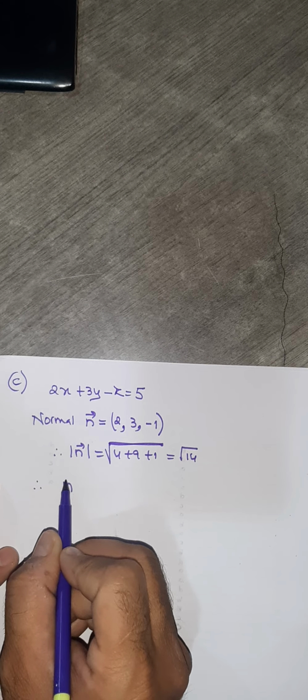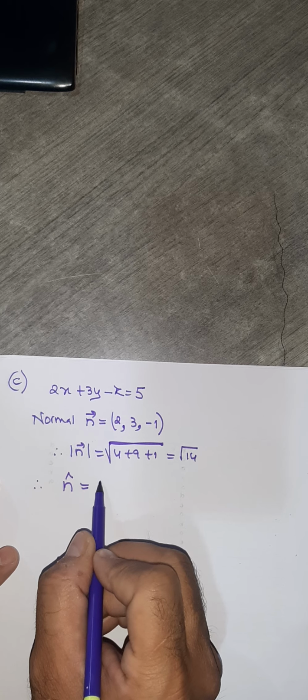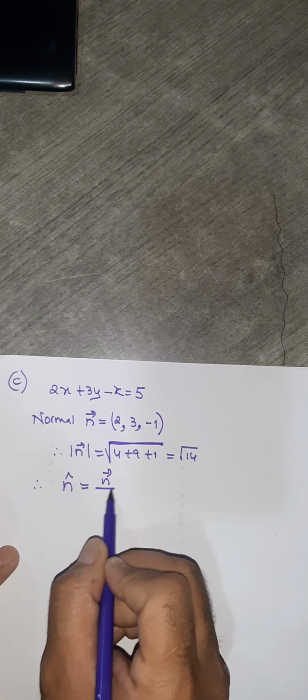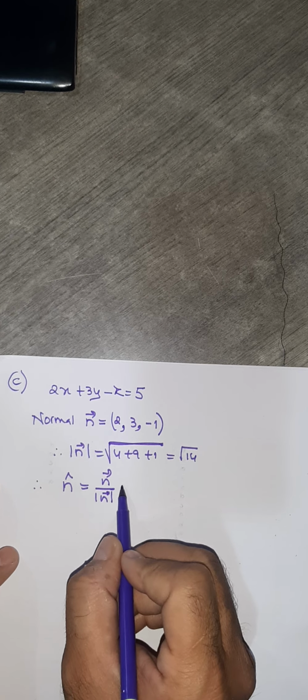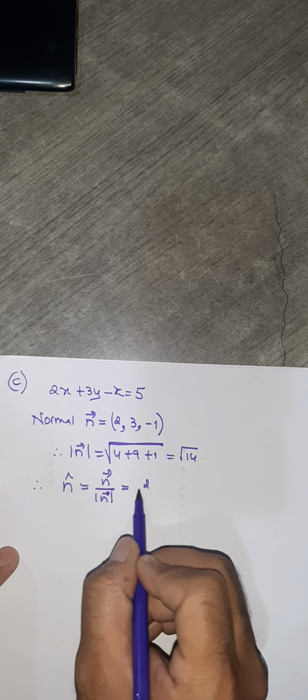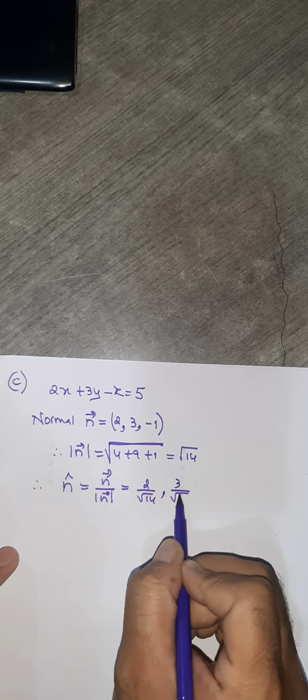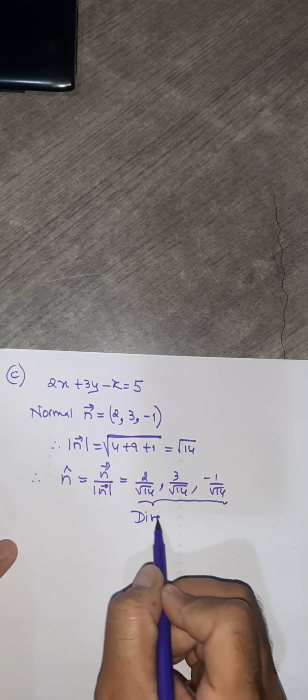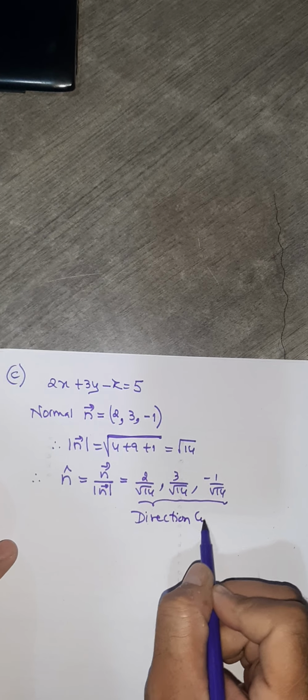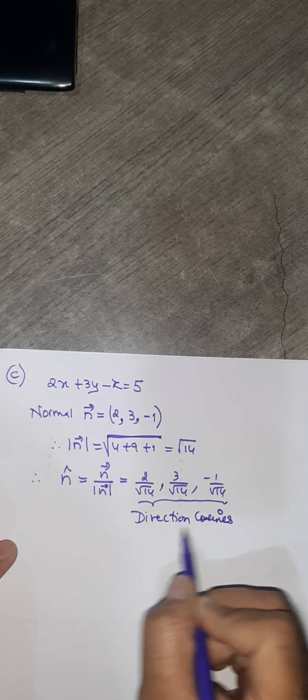Therefore n cap, the direction cosines, if you remember, is the vector upon its magnitude. This is 2 by root 14, comma, 3 by root 14, comma, minus 1 by root 14. This represents the direction cosines of the normal to the plane.